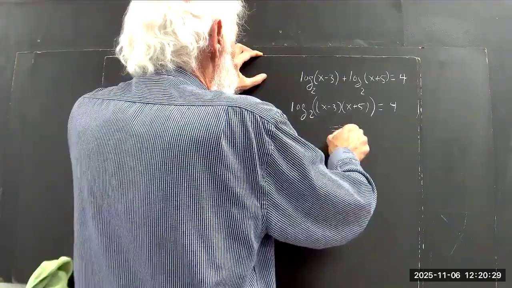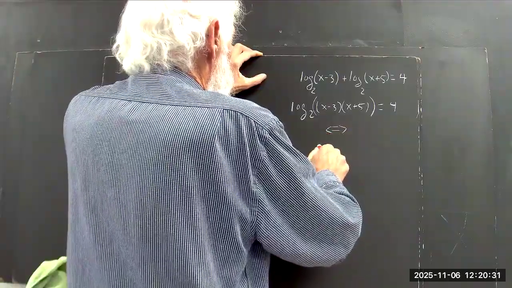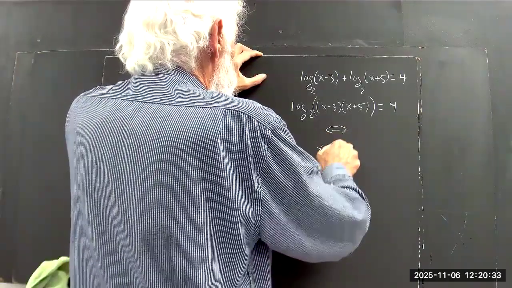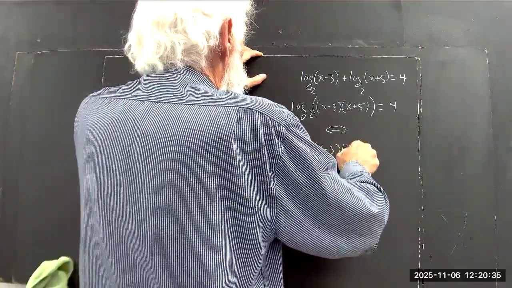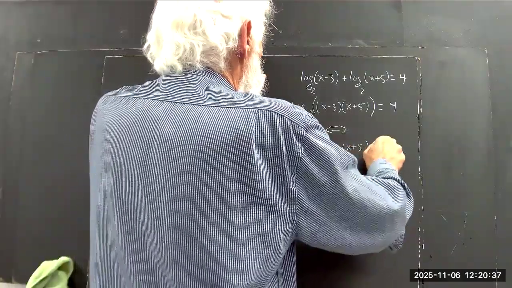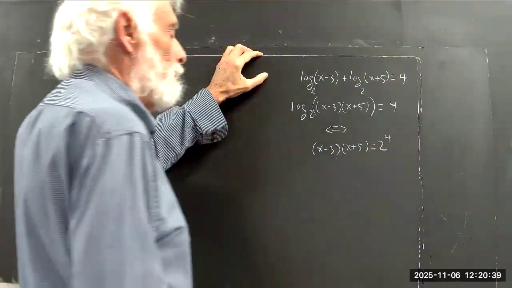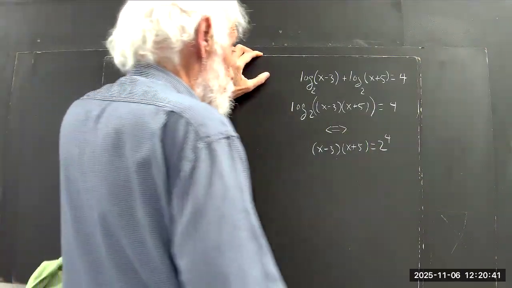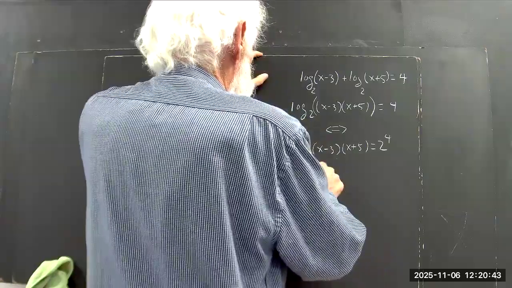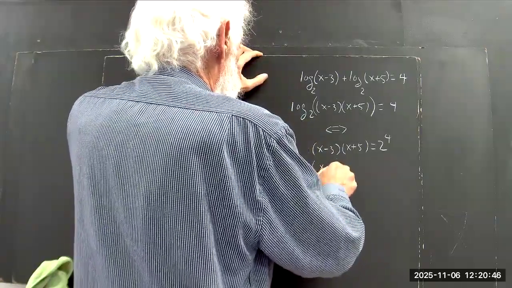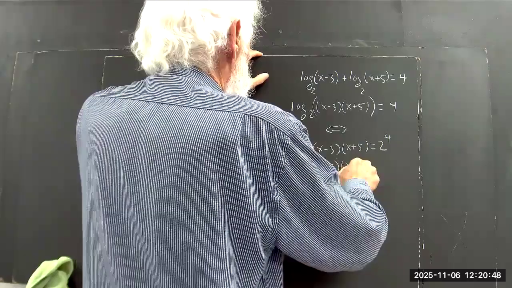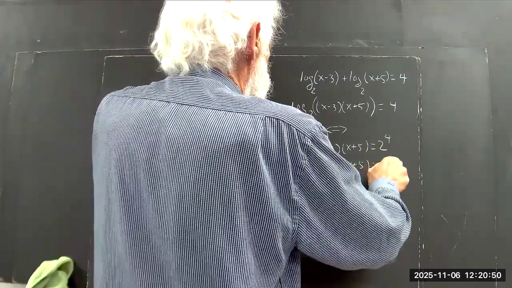This is equivalent to saying that x minus 3 times x plus 5 equals 2 to the 4th power. Okay, well, 2 to the 4th power is easy. This tells us that x minus 3 times x plus 5 equals 16.